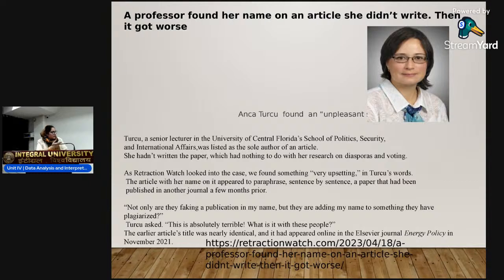You may not be aware that Anka Turku has not contributed to the work, because they have used a real person who is an expert in international affairs. They have put her as an author on a paper on international affairs. So would you be aware of every author, every person in clinical psychology? No. Right? So you would read a paper, maybe some high profile author is there.